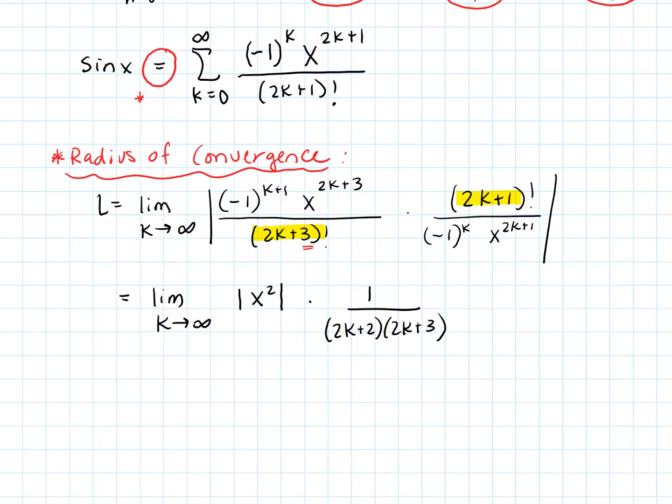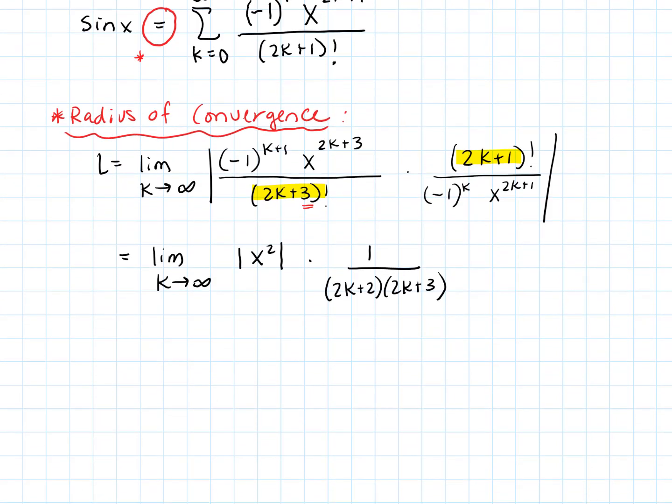And so now as we let k go to infinity, obviously this portion of the limit is going to approach 0, and we're going to end up with the absolute value of x squared times 0, which is equal to 0, which is less than 1 always.